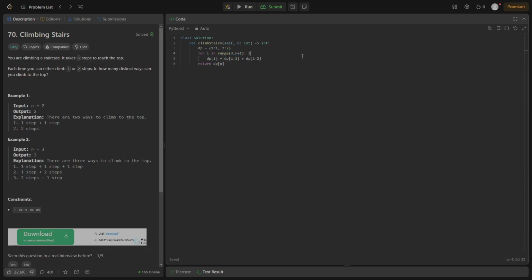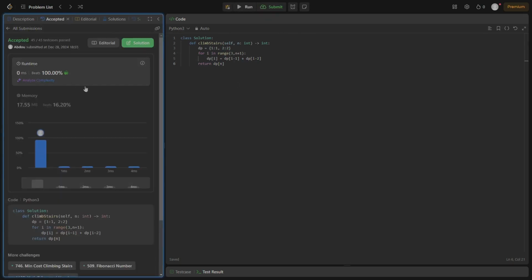This will be a range from 3 to 2, and in Python that doesn't throw an error. That just gives an empty list to iterate through, which is okay, because that means we skip this for loop and go straight to return dp of n anyways. So if we did everything correct, we can just check our solution. There you go. Very efficient time.